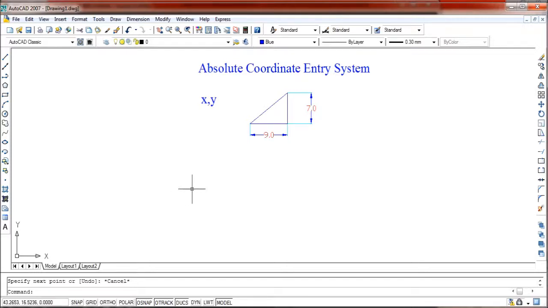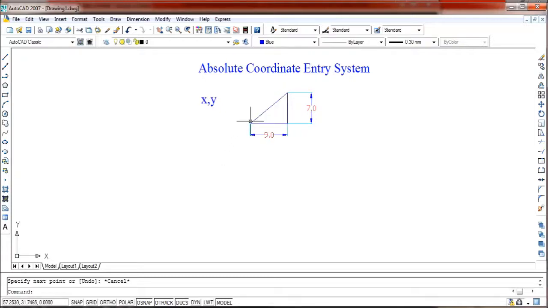Okay, so for today, we will draw this triangle using the absolute coordinate entry system. As you see, the base dimension of our triangle is 9 drawing units and the height is 7 drawing units. When we enter the value, we will enter the value of x first, then we put a comma, then we enter the value of y. So let us start by specifying our first point.